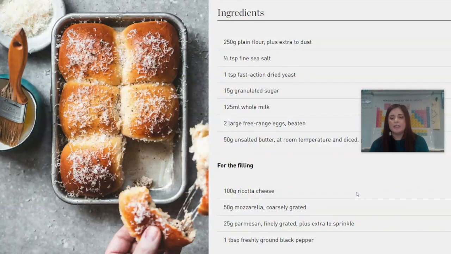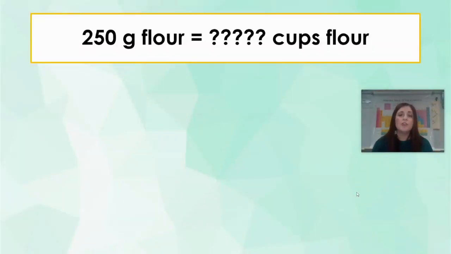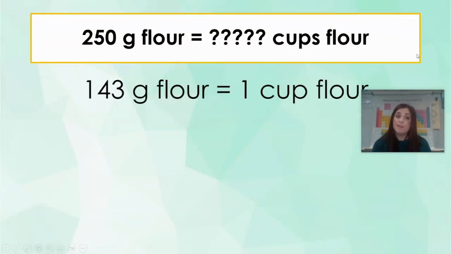Let's look at another example. In this case, let's convert 250 grams of flour, and we're going to convert that to cups as well. So I have my unit that I want to get rid of because Americans don't use mass to measure flour. We instead use cups. So we want to convert it to units of cups. I am giving you the conversion factor in this case.